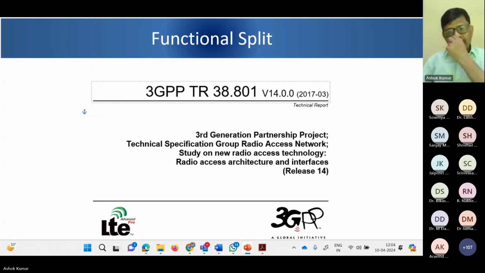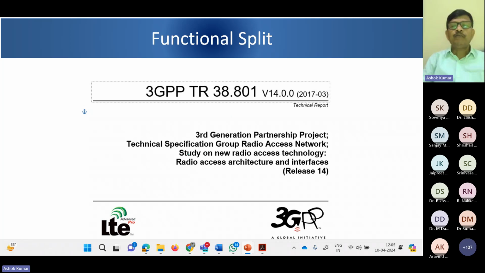Thank you. So when we talk about this functional split of BBU into two products or three products, 3GPP even before release 15, the first 5G release, had talked about these splits in a study paper.